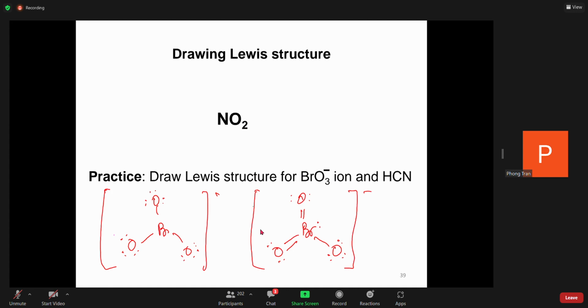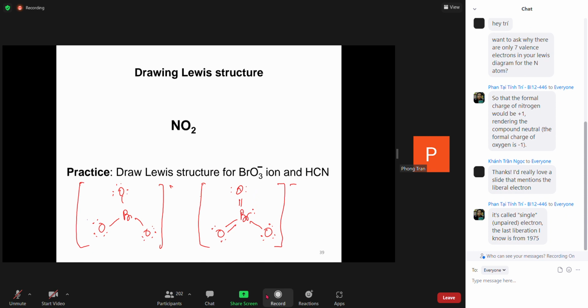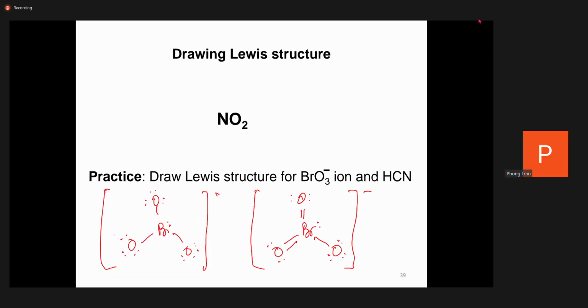Then we need to look first at this structure, which can be better if you want. In this structure, all the bromides and oxygens satisfy the octet. In this case you have oxygen with 8 electrons, oxygen with 8 electrons, and this oxygen with 8 electrons as well. But the bromine in the center will get much higher than 8, right?